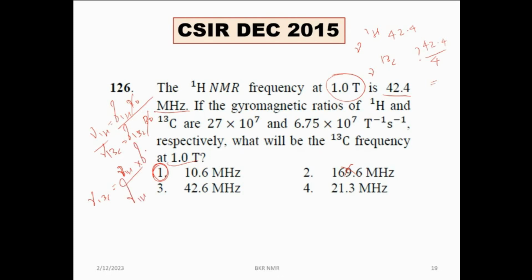The frequency given is 42.4. The carbon value is 6.75 and hydrogen is 27. If I cancel, 4 comes. So what is the answer? 10.6.